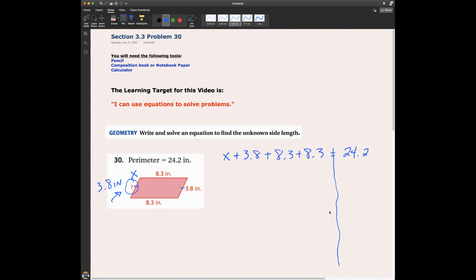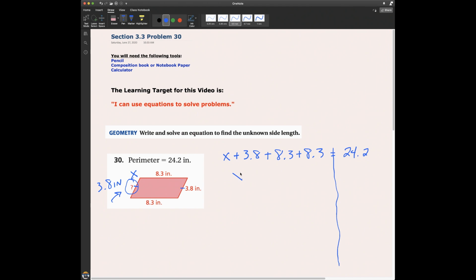Okay, let's see if we actually get 3.8 as our answer. We should if we do our math correctly. All right, so 8.3 plus 8.3, what is that? That would be 16.6, and 16.6 plus 3.8, what do we get here?